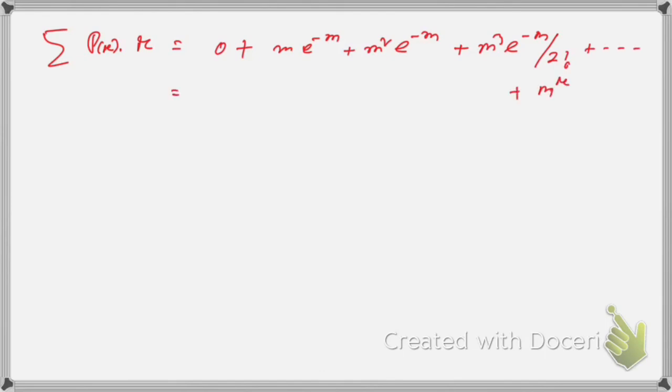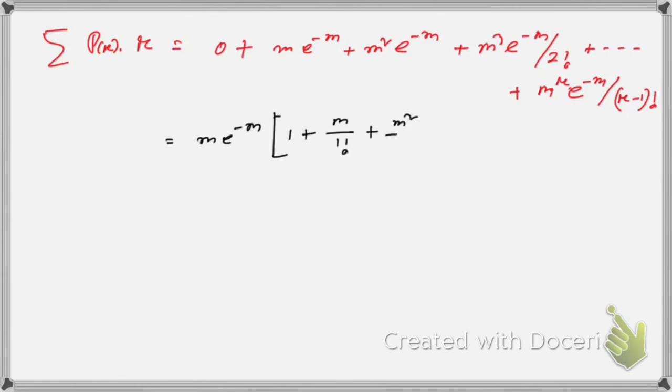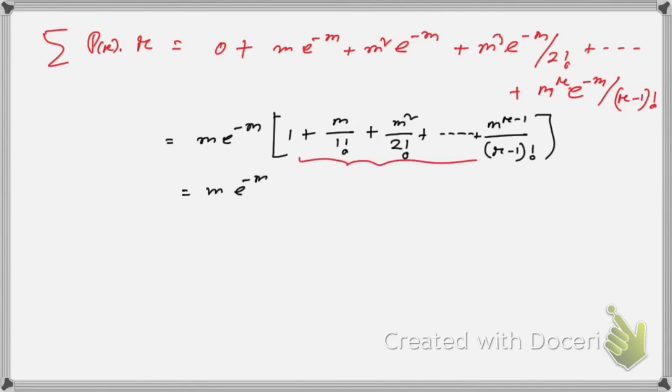From here you can take common m into e to the power minus m, and you're going to get this series. This is the exponential series, which is equal to e to the power m. If you multiply e to the power minus m and e to the power plus m, you get e to the power 0, which is equal to 1. So 1 into m is m, right?